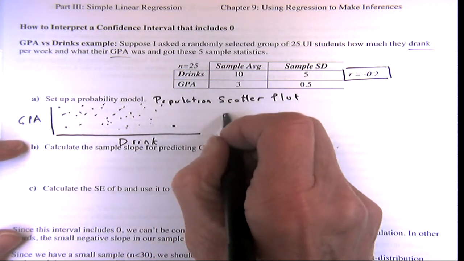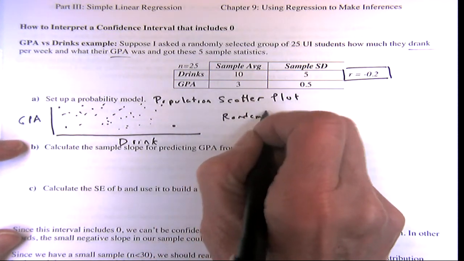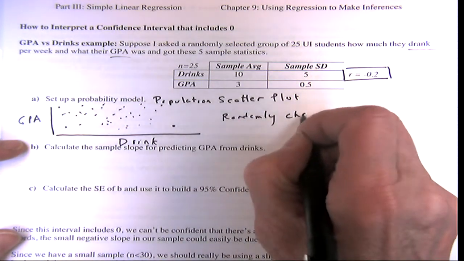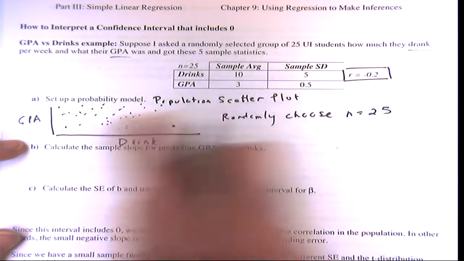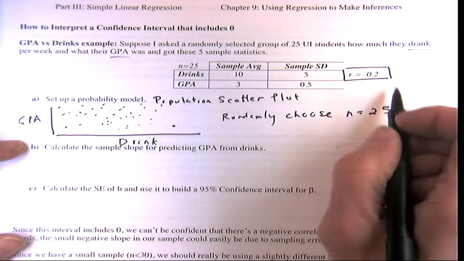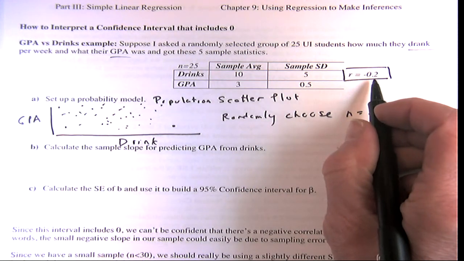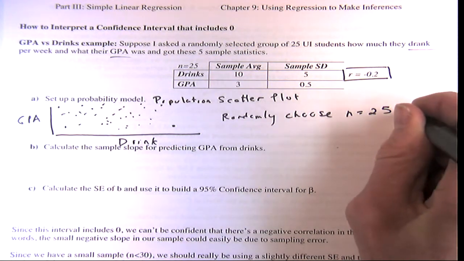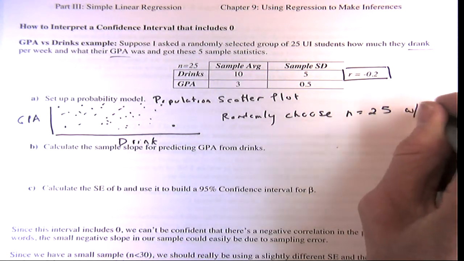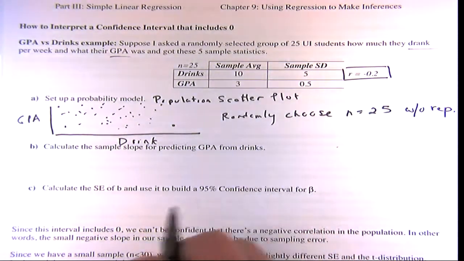So we randomly choose n equals 25 students and get this as our sample correlation coefficient there. And it's without replacement because we don't want to sample the same student twice.